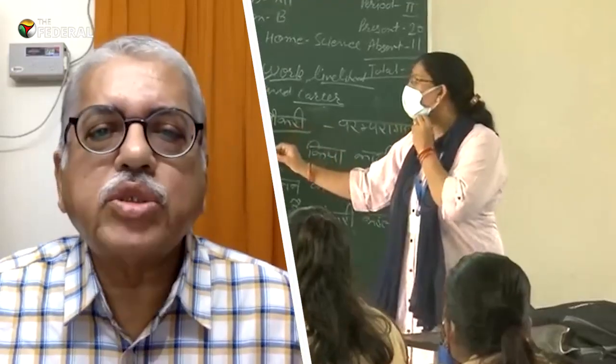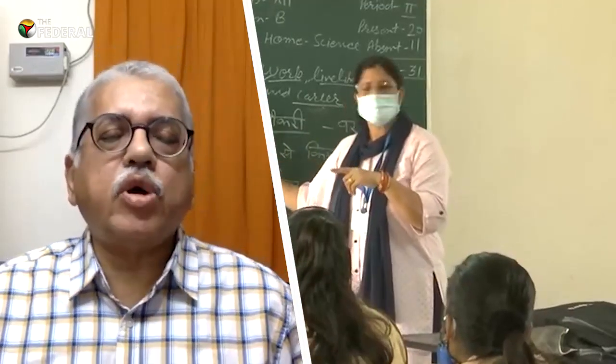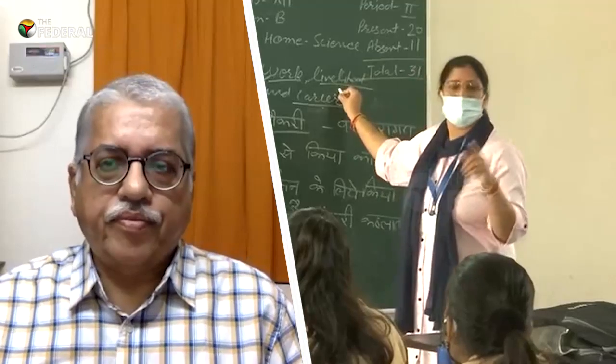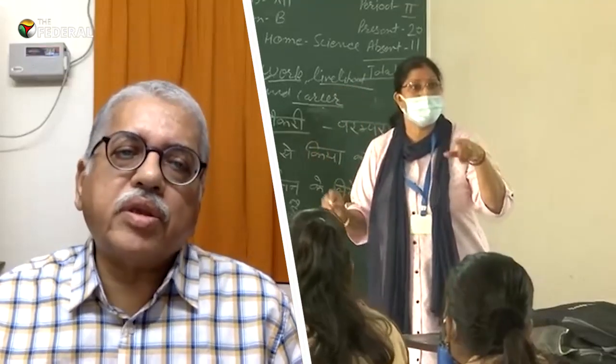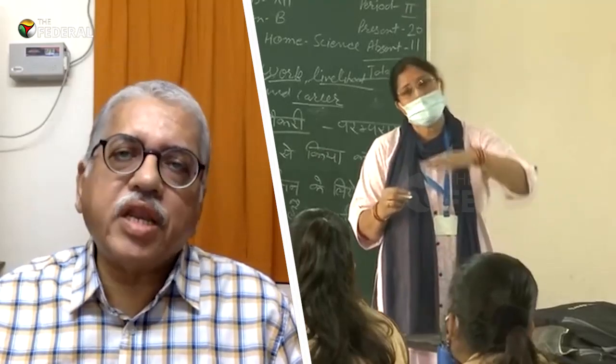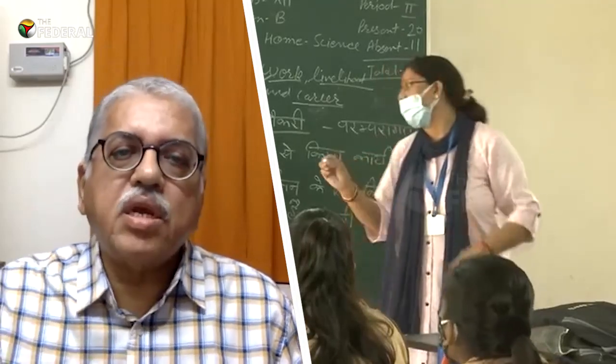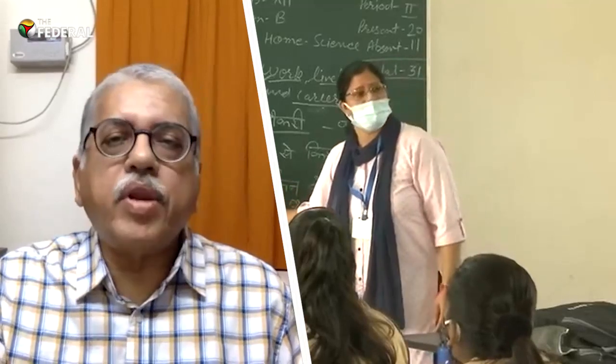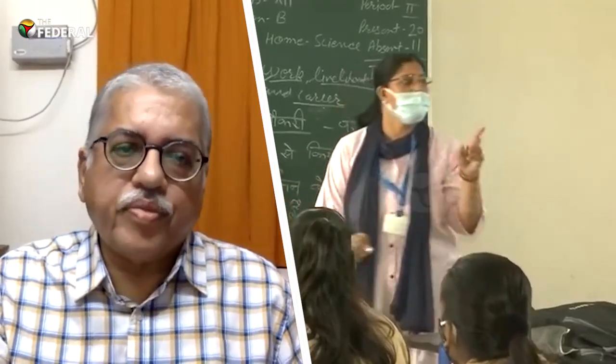Now, if you ask a high school student, why do you believe in evolution and not in intelligent design? Why is evolution theory labeled as science and why is intelligent design labeled as pseudoscience? The answer most probably would be because the textbook says so.